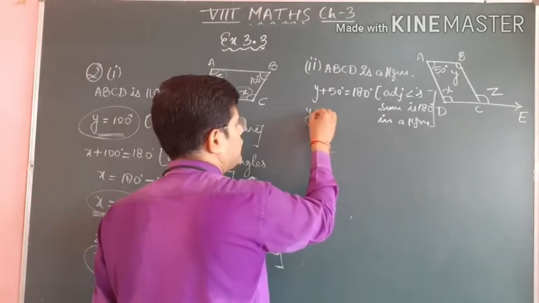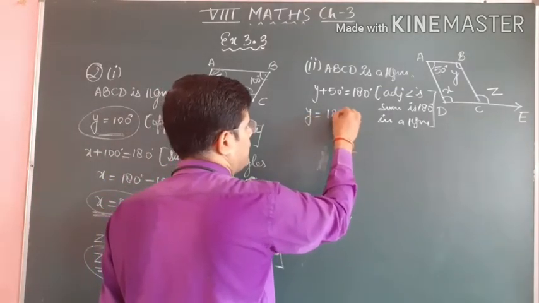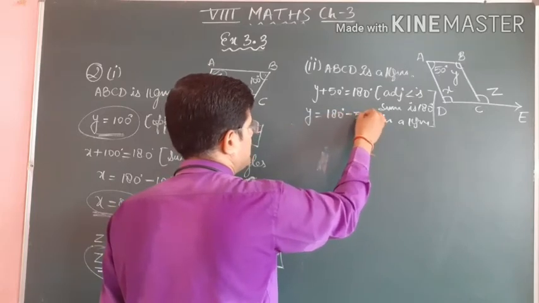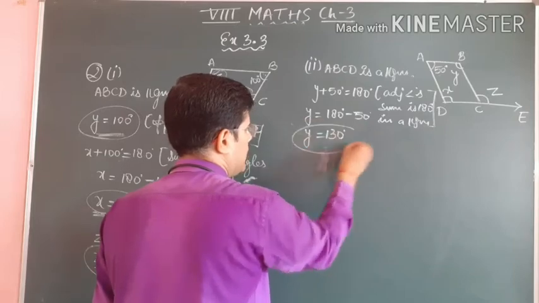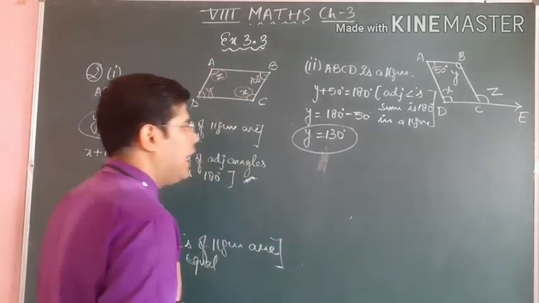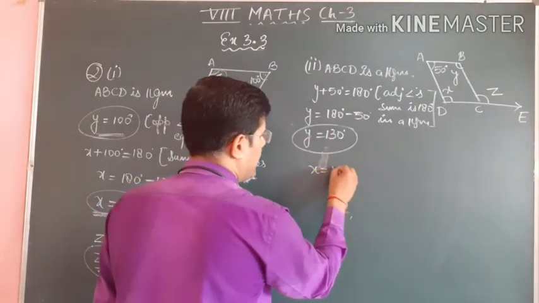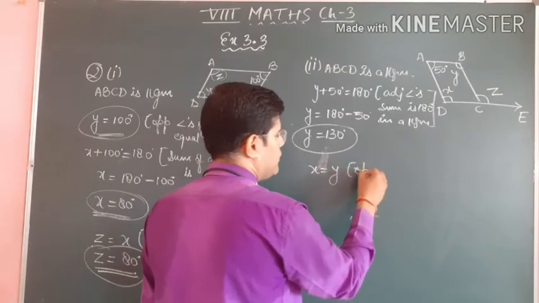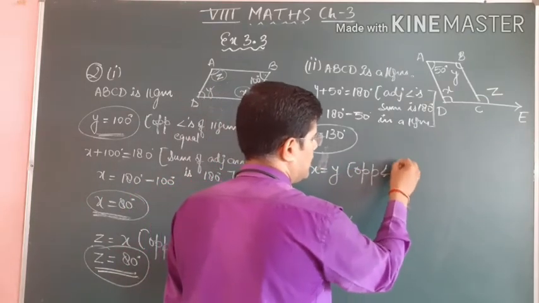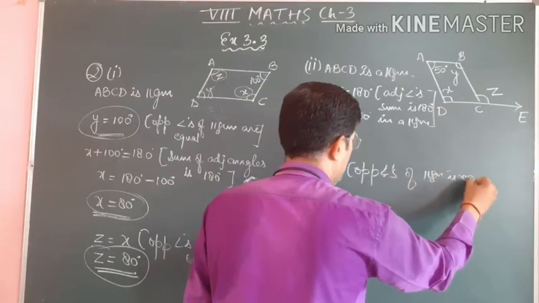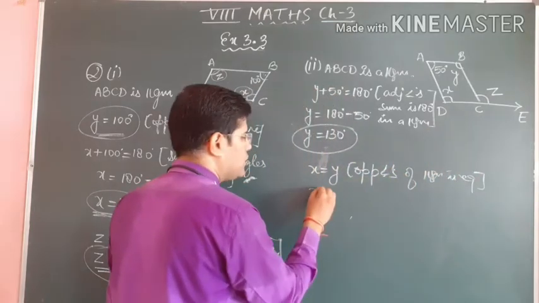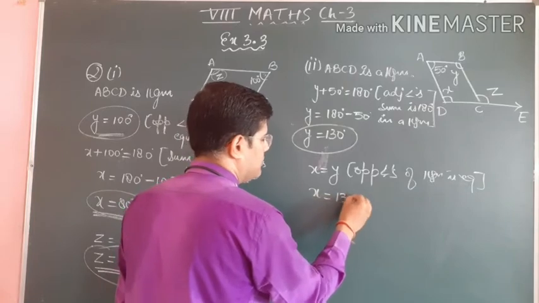So y is equal to 180 minus 50, that is y is equal to 130. Here I have done y, and x is equal to y, because opposite angles of a parallelogram are equal. So x equals 130 degrees.